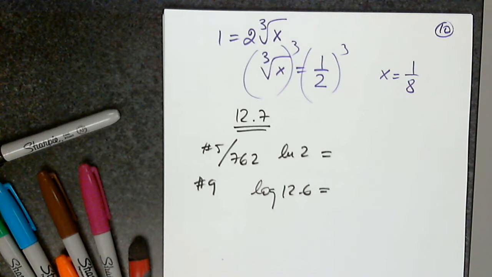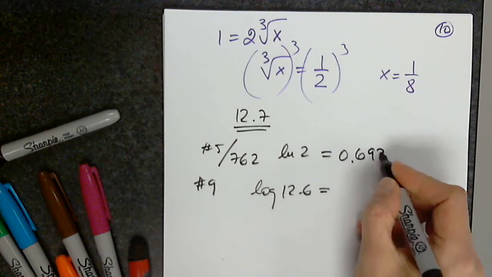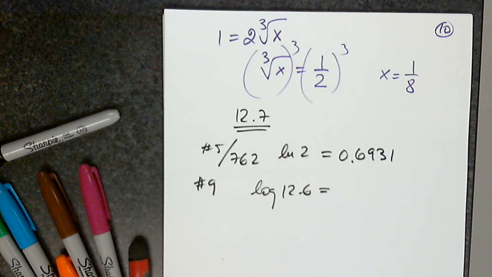So let's plug in natural log 2. Close the parenthesis and press enter. Got 0.6931. For log 12.6, we got 1.1.